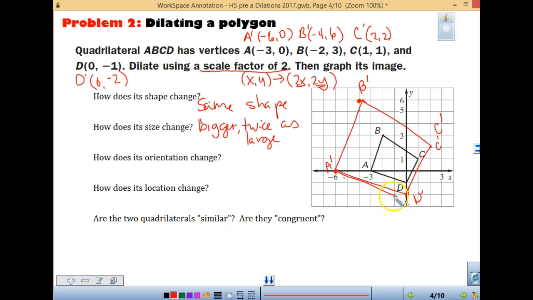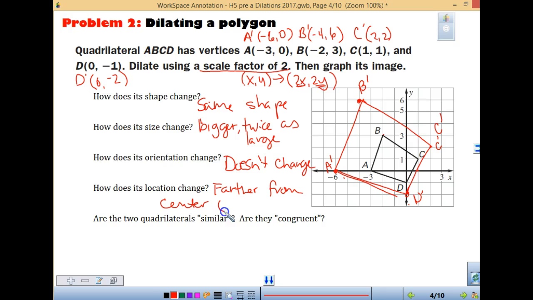Orientation. A, B, C, D. A prime, B prime, C prime, D prime. How does the orientation change? It doesn't. Stays the same. Right? How does its location change? It is farther from the center.